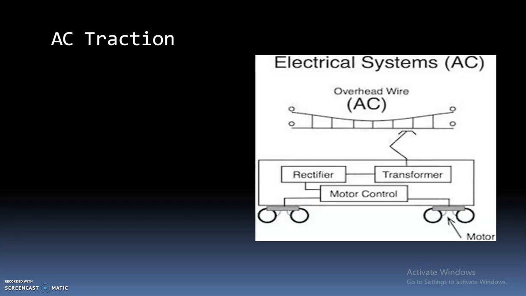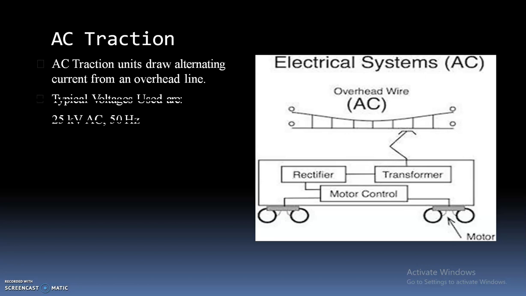In AC, on the other hand, the AC traction system has a lot of advantages. The typical voltages used are 25 kV AC at 50 Hz frequency, or 25 kV AC at 60 Hz frequency.